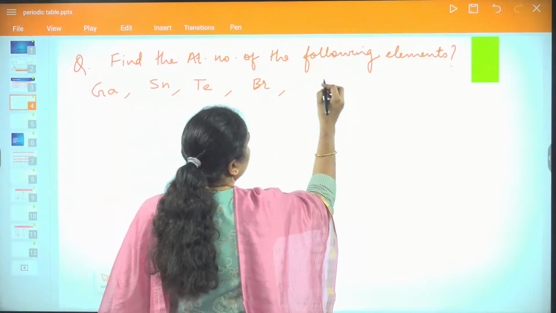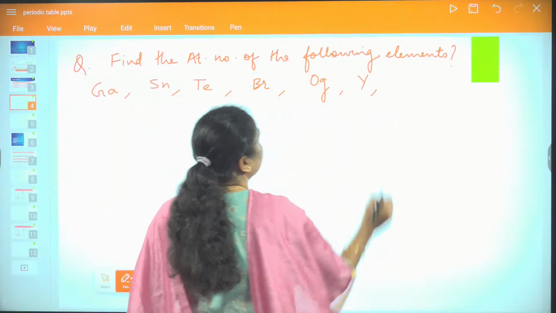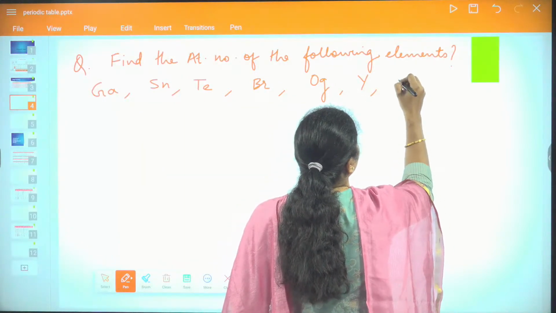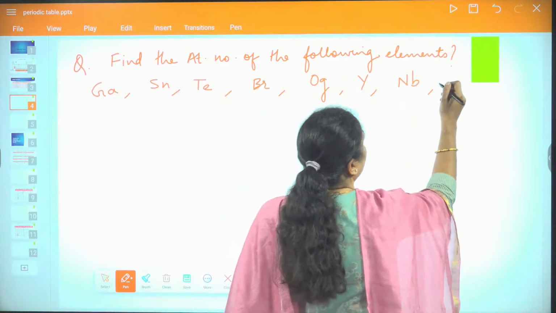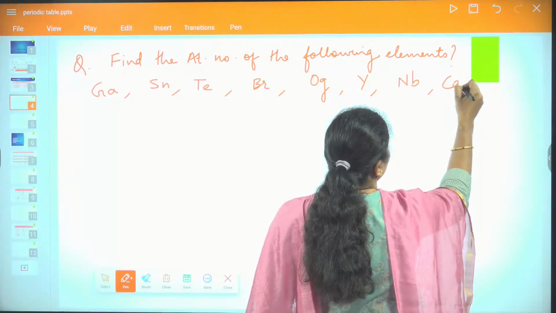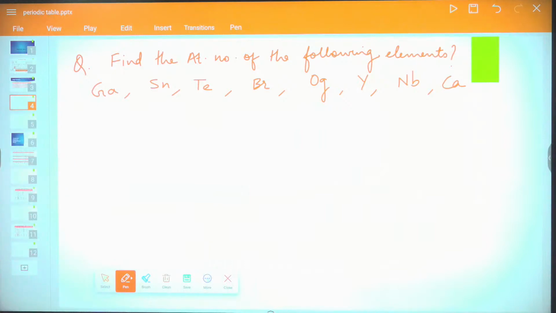I am also having, suppose, oganesson. I am having yttrium, right? And suppose I am having niobium, right? Suppose I am having now calcium, right? So these are few elements which I have given you.